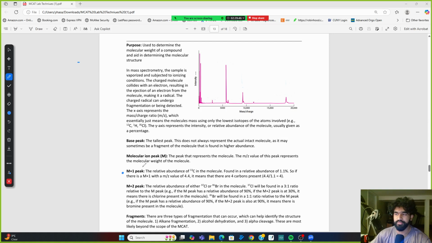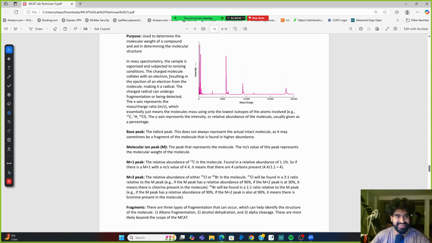When you look for the M+1 peak, you're going to understand how the mass spectroscopy works, because there's going to be one intensity for the mass, and there's going to be one for the M+1. If you're able to figure that out, you can figure it out on the MCAT. I know that's very vague, but that's how I got past mass spec on the MCAT. As long as you can look at the primary mass of the thing and the M+1 spike, you'll figure it out. I don't know how I did it, but I did. I'm not good enough at teaching these things, and I'm okay with admitting that.